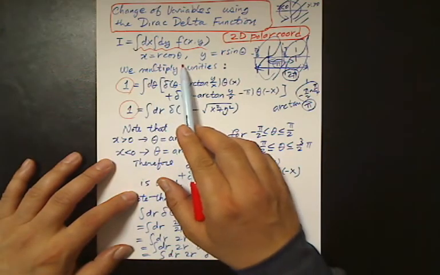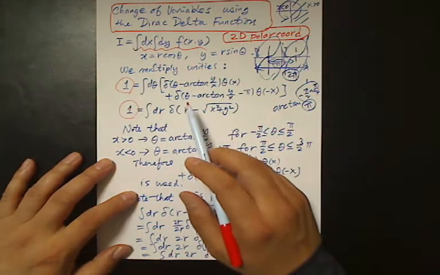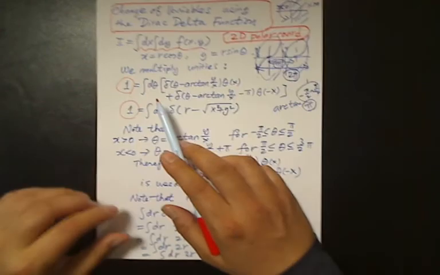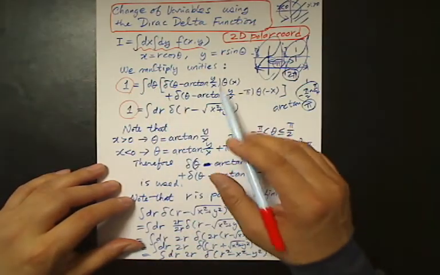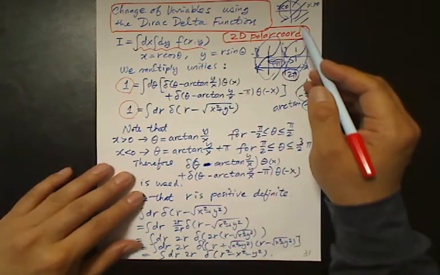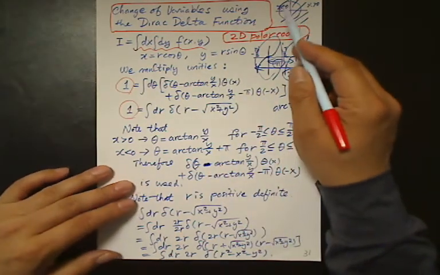We have x equals r cosine theta and y equals r sine theta. That can be done with the theta integration. Theta runs from 0 to 2 pi, so it covers the whole space.